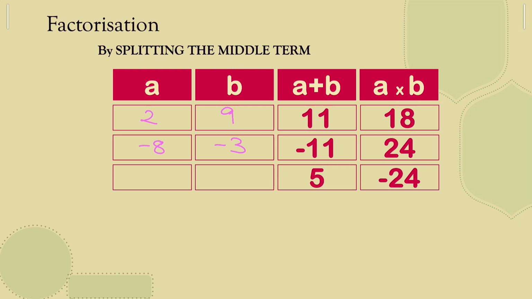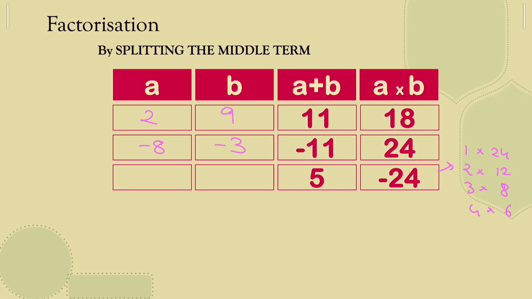One more. Product is negative and sum is positive. 24 has factors 1 into 24, 2 into 12, 3 into 8, 4 into 6 and then 6 into 4, 8 into 3. So the order of multiplication can be reversed, that will be the same.